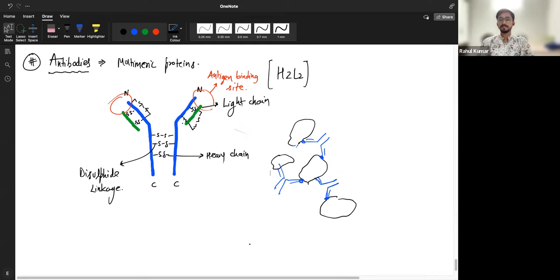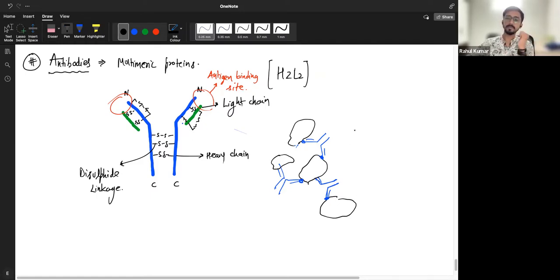Antibody antigen reaction or antibody pathogen reaction, what is it like? These pathogens were independent, let's say they were bacteria, so these were independent cells. This wanted to go somewhere and infect, this wanted to go somewhere and infect the body.